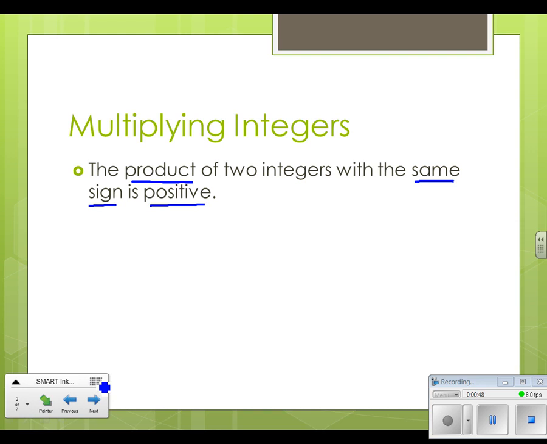So for example, if we have a positive 8 times a positive 3, we get 24. Our answer is positive. Both integers are positive, 8 and 3. Our answer, 24, is positive. Now if I had a negative 8 times negative 3, a negative times a negative ends up being a positive as well.